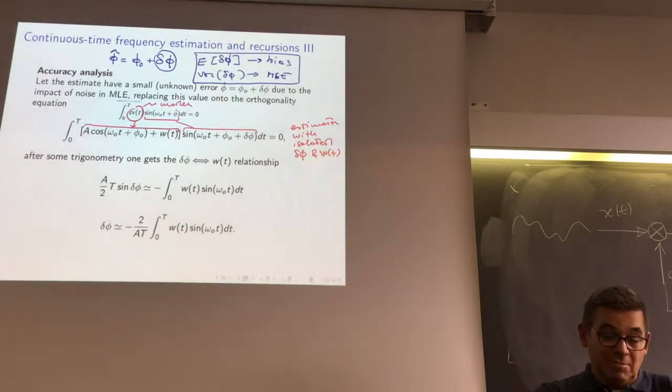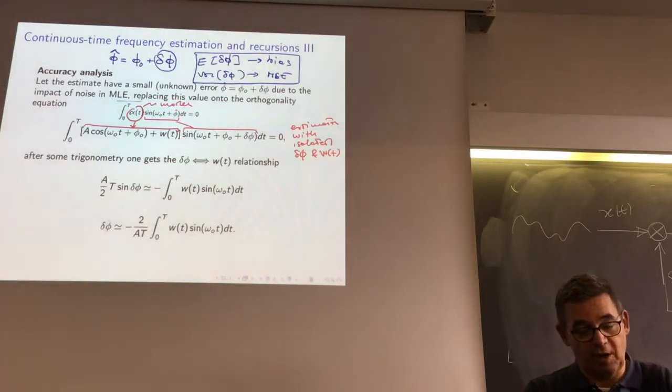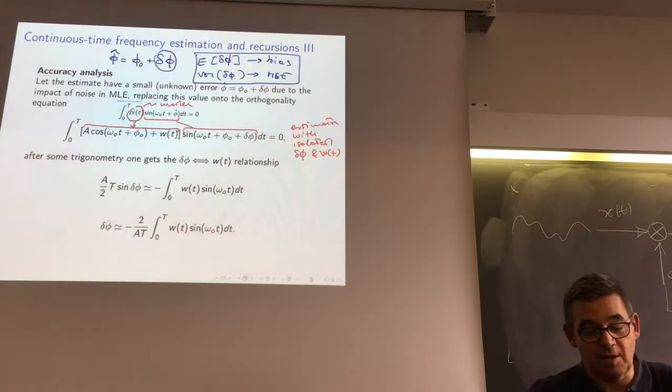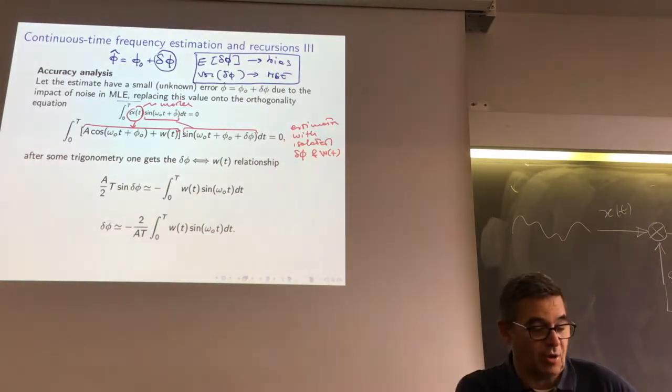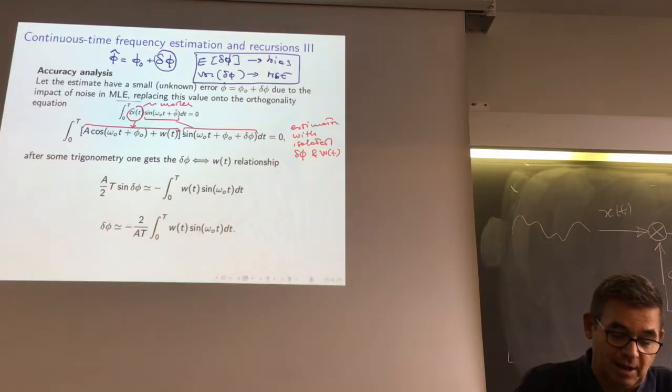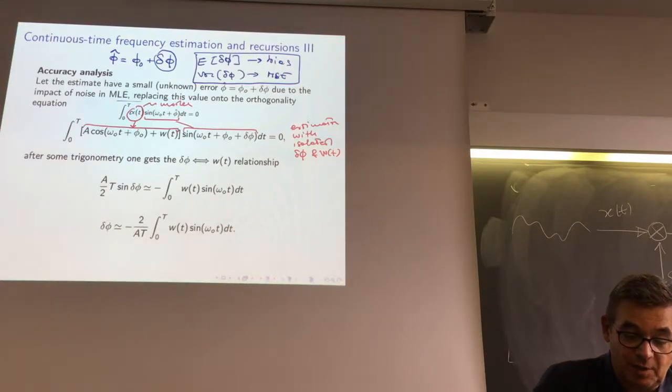So, let's manipulate this form. I needed to use some trigonometry rules, and at the end, when I aggregate, I have a cosine and a sine, and when I have cosine and sine, I put them together, and this relationship comes out.